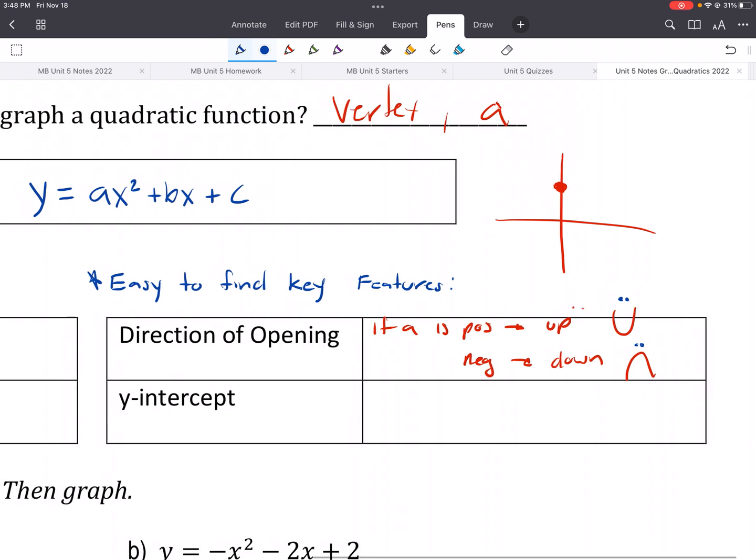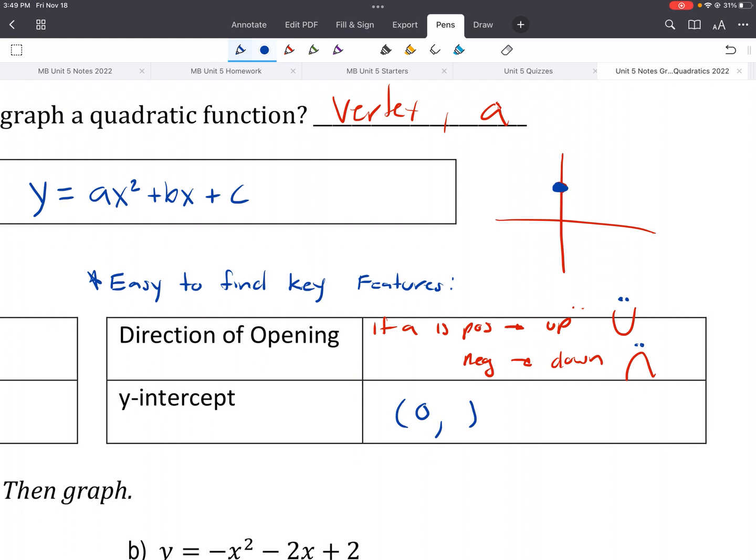Okay, the other thing that you can find really easy is the y-intercept. So what do you know about the y-intercept? Here's a little graph. This could be your y-intercept. We know that x is 0 for the y-intercept. So if you ever need to find the y-intercept for any type of equation, you can always set x equal to 0 and solve.